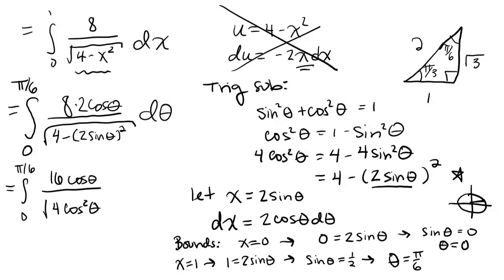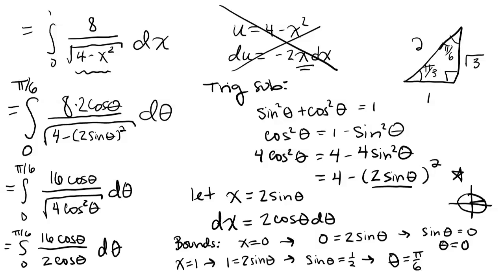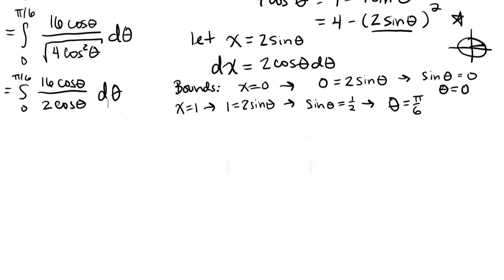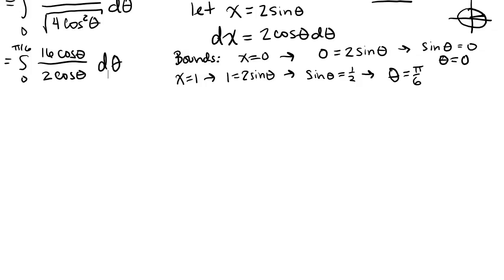This was the whole motivation for how we picked our trig substitution. So then we've got the integral from 0 to pi over 6 of 16 cosine theta all over 2 cosine theta when you cancel that square root out. And now we can see this is going to be pretty golden for the rest of our problem.